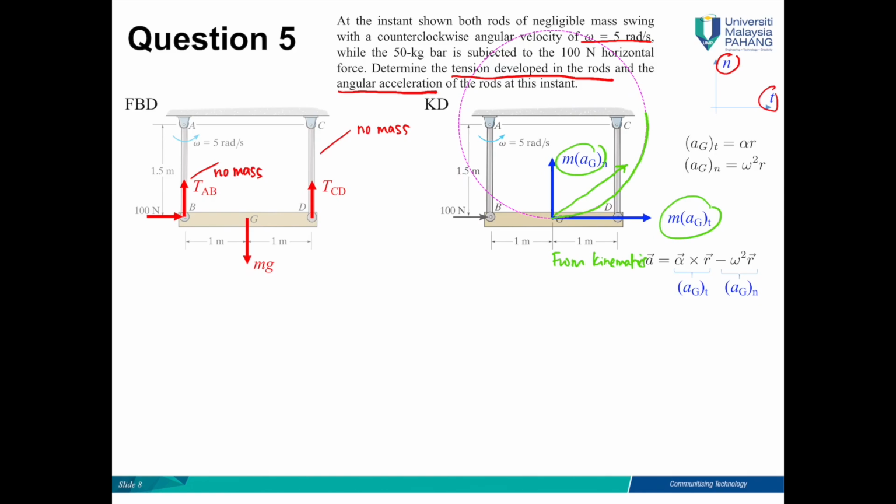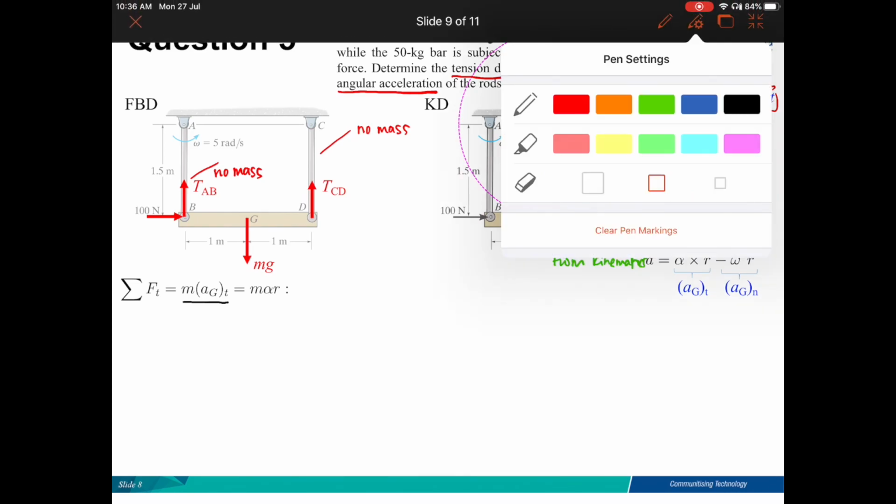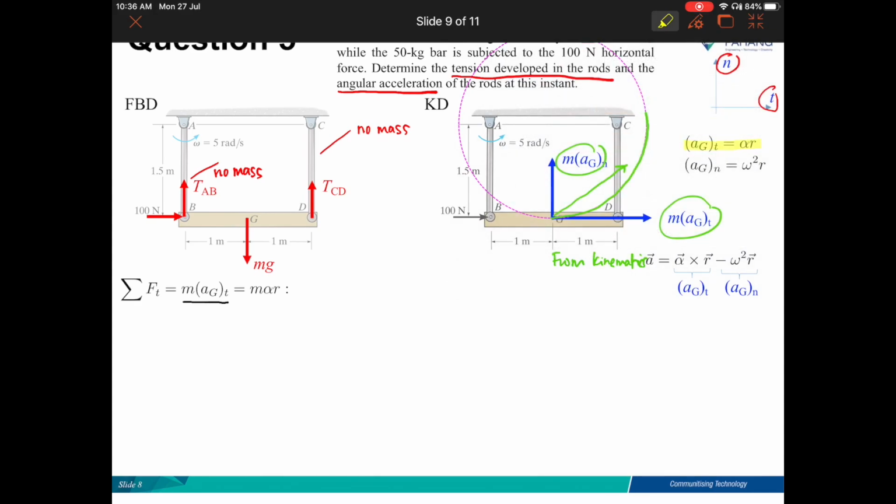Now we have transformed this equation into scalar. When we write down the equations, the first equation will be the total force in the tangential axis, no longer in the x-axis. The sum of FT equals m AGT, and since AGT equals alpha r, we have sum of FT equals m alpha times r.